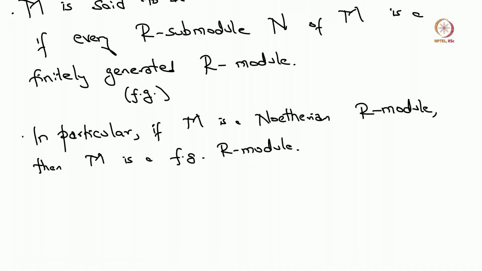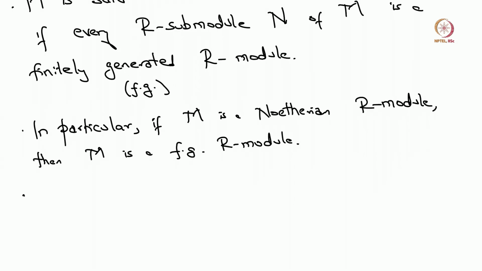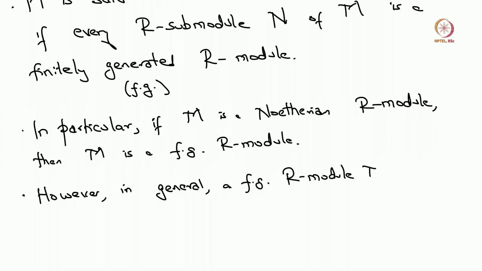However, the converse doesn't always hold. However, in general, the converse needn't hold. A finitely generated R module M needn't be Noetherian.